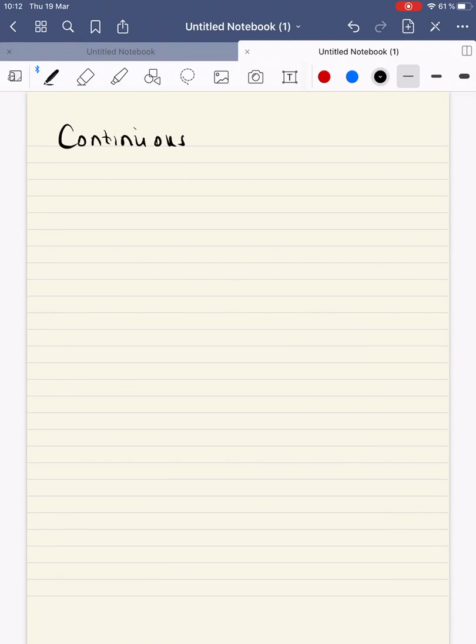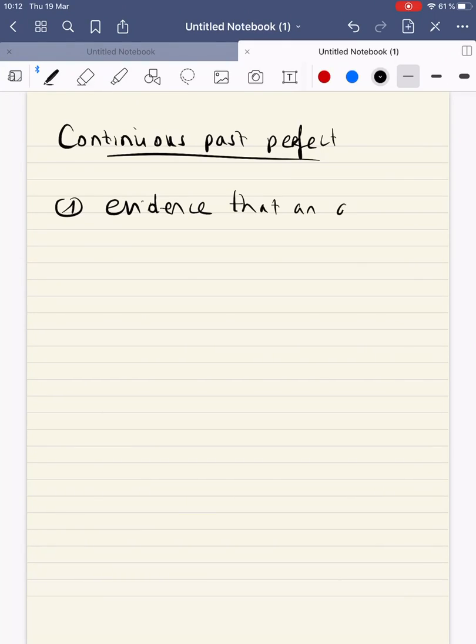Now, very quickly, the continuous past perfect is just the past version of the continuous present perfect. So once again, you would have evidence that an action took place.